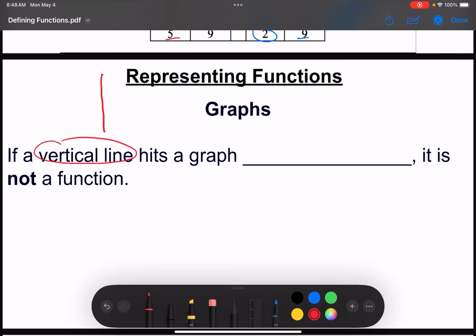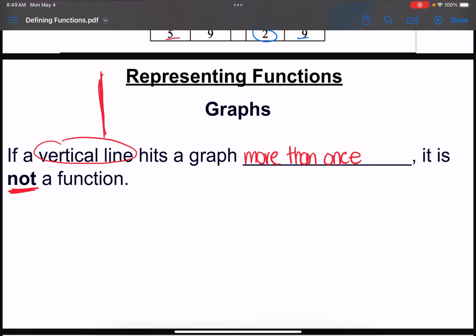So if you were to draw a vertical line on the graph, and it hits the graph more than once, then it is not a function. That might be a little clearer when we do some examples. Just keep in mind that vertical is a line that goes up and down like this. So let's look at some of our examples.